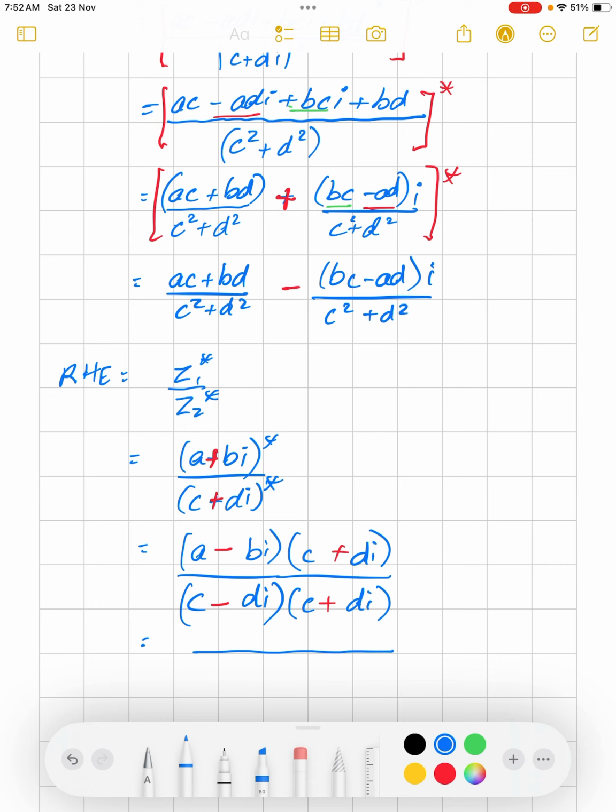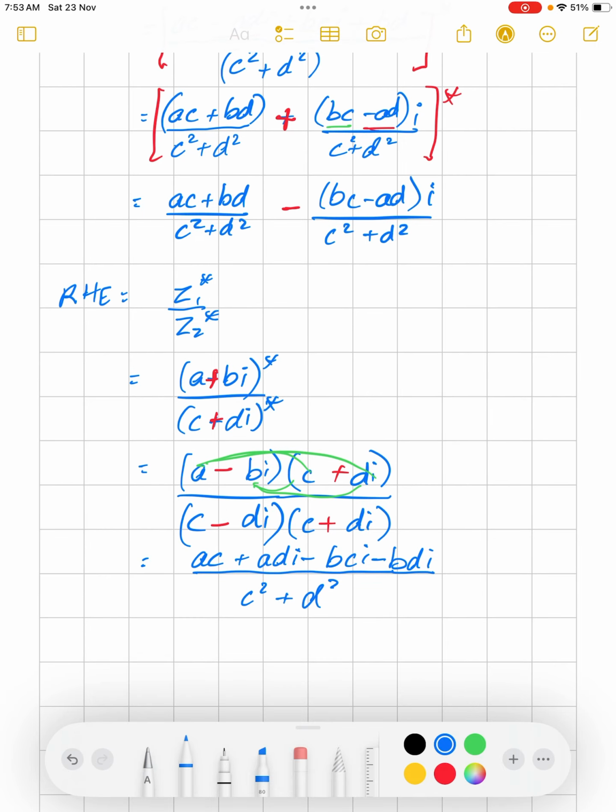So let's expand this. We've got AC plus ADI minus BCI minus BDI. And underneath we've got the modulus squared, which is C squared plus D squared.